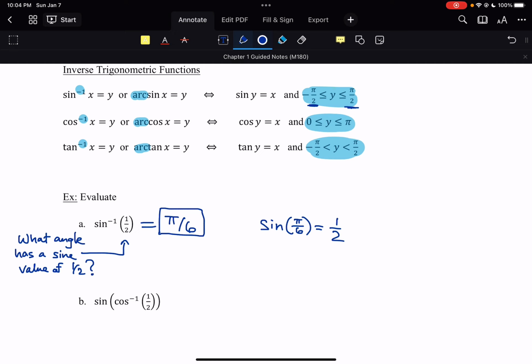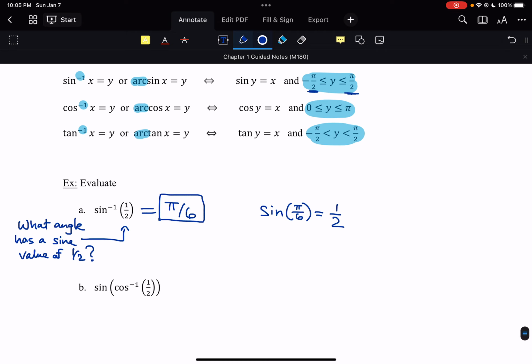And these trig functions and inverse trig functions can undo each other. However, you have to match. So for this part B here, this isn't sine of inverse sine, it's sine of inverse cosine. So we need to do them separately here. Inverse cosine of 1/2 is asking the question, what angle produces a cosine value of 1/2?